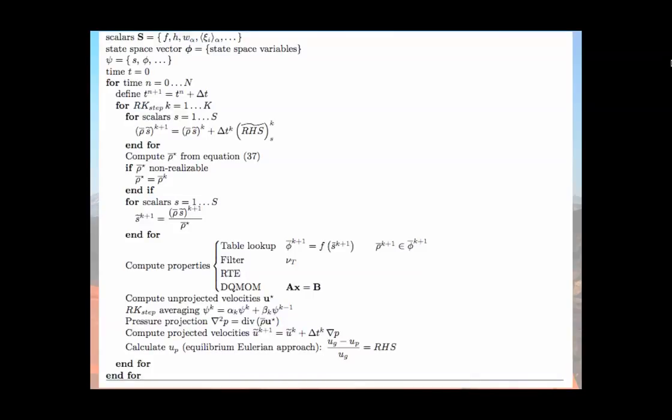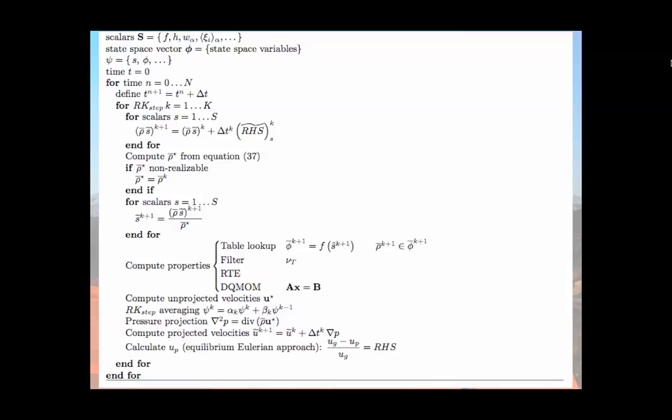Details aren't that important, but basically this is just a pseudocode algorithm for what Arches is doing. This is stuff like updating the scalar equations, guessing the density, updating momentum transport equations, and so on. There's also this spot where the table lookup happens and where the DQ-MOM stuff is solved.